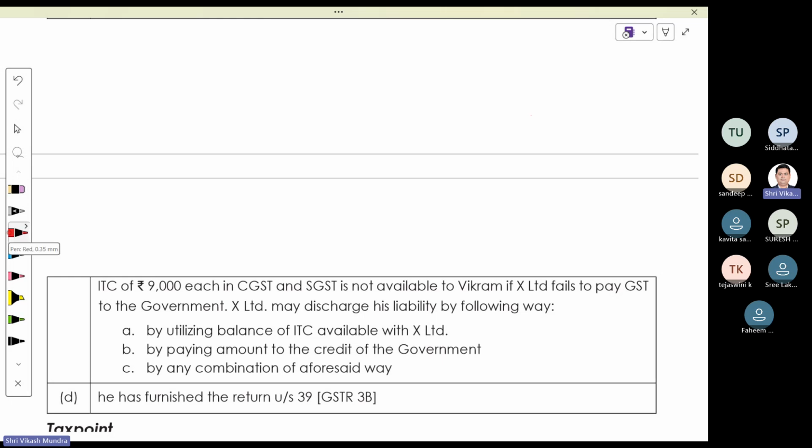That means some vendor, who is registered, issued an invoice of say 1 crore rupees, with ITC of 10 lakh, to Mr. X. No stock has been transferred, no transaction has happened. Actually, this is a fake bill.